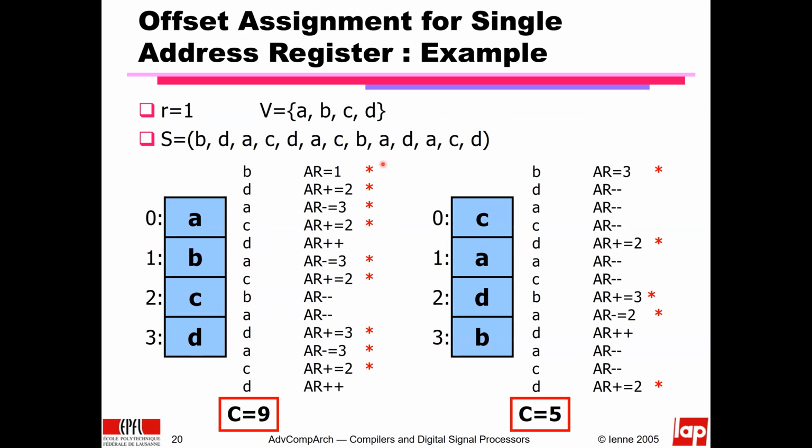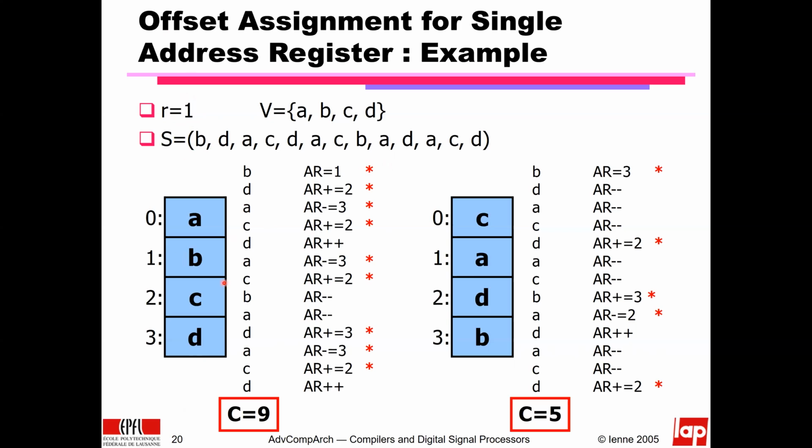So I have to pay some price of loading the address register. Then if the next access is to D, D is 2 addresses or 2 incrementations farther, right? And my address register can be implicitly only auto-incremented by 1 or auto-decremented by 1.